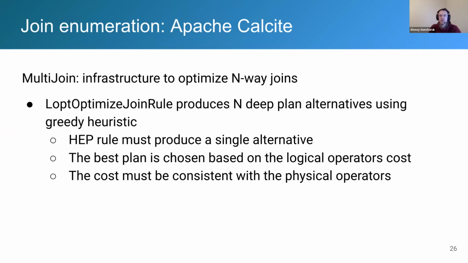Otherwise, even though it produces the n alternatives, one of the alternatives will be chosen absolutely arbitrarily.